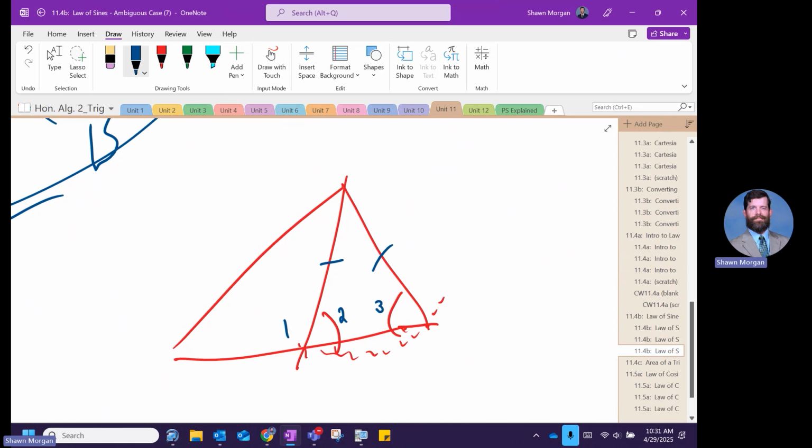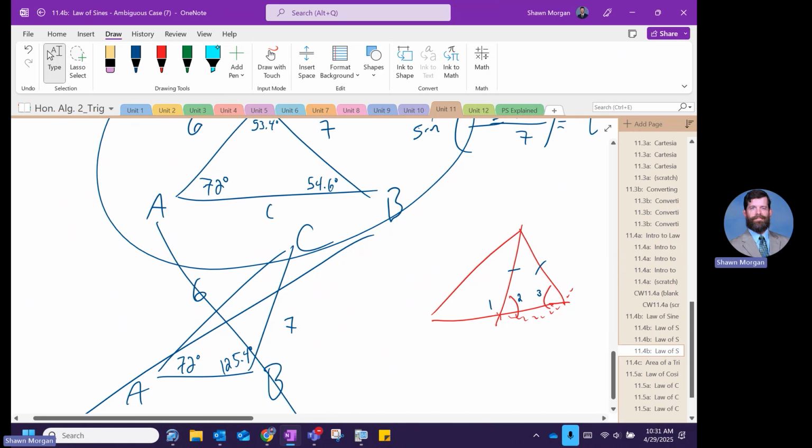And therefore, 1 and 3 are also supplementary. So once you find that first angle down your bottom right, find the next possibility by doing the supplement and then asking the question, is there enough room left over? All right.